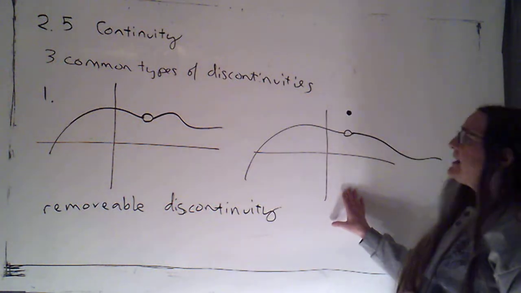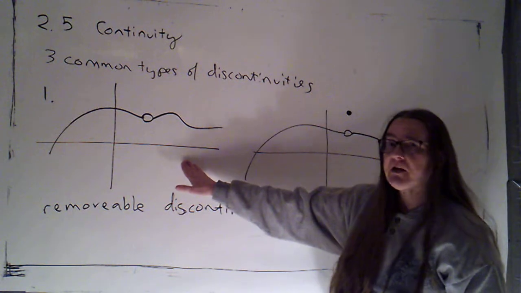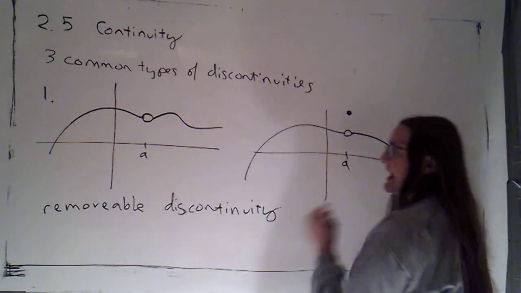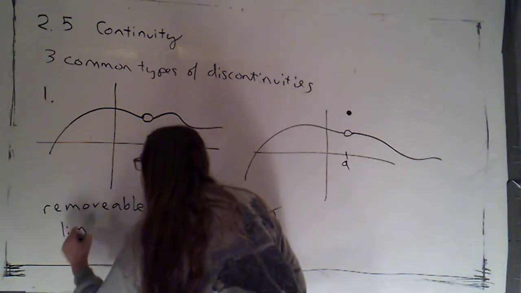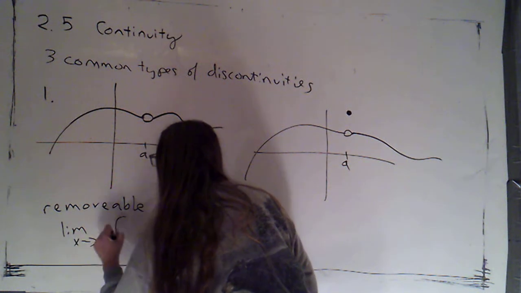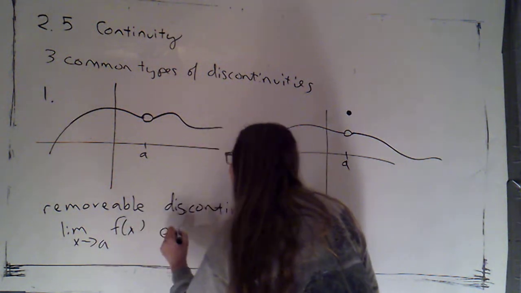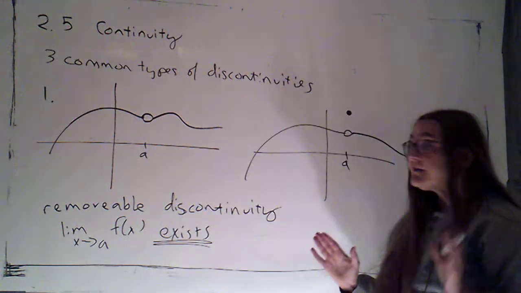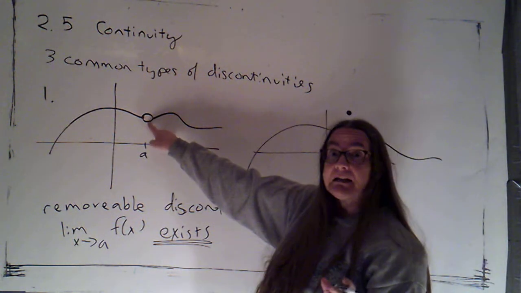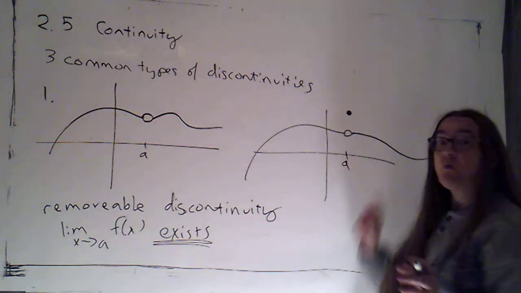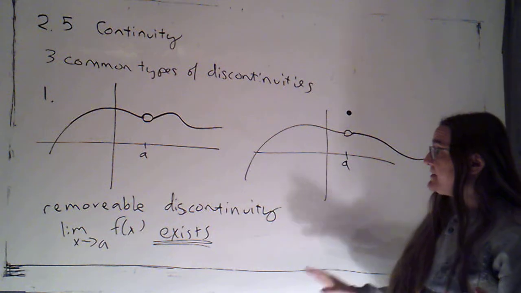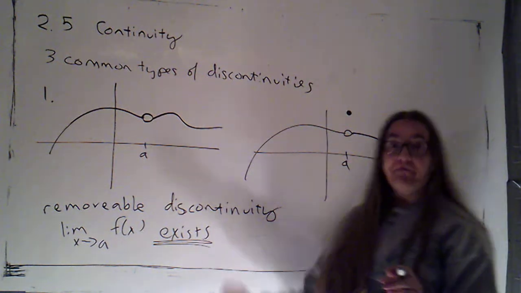The important thing here is that with both of these pictures, if I say the location of the hole is a, in both cases, the limit as x approaches a of f of x exists. Okay, so there is a finite number that I would expect to be the y value at a based on the nearby behavior. The difference is that it doesn't equal the function value.